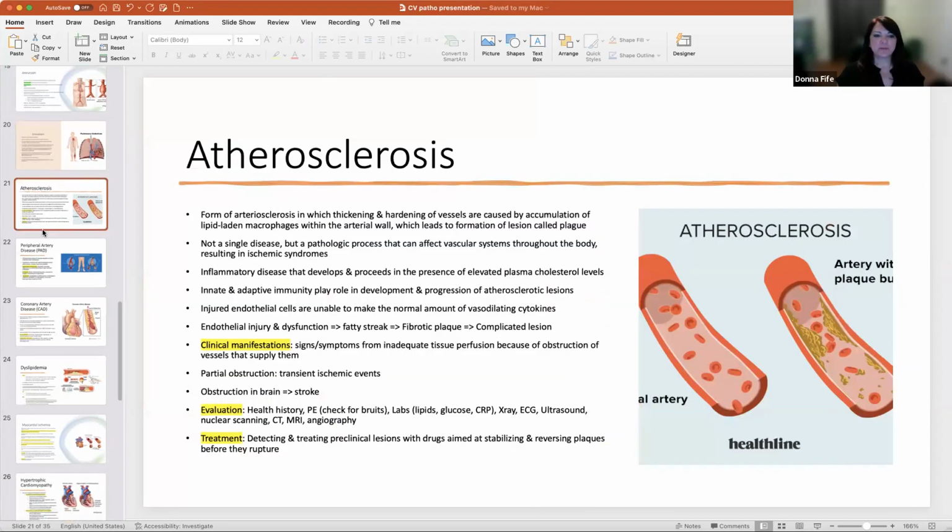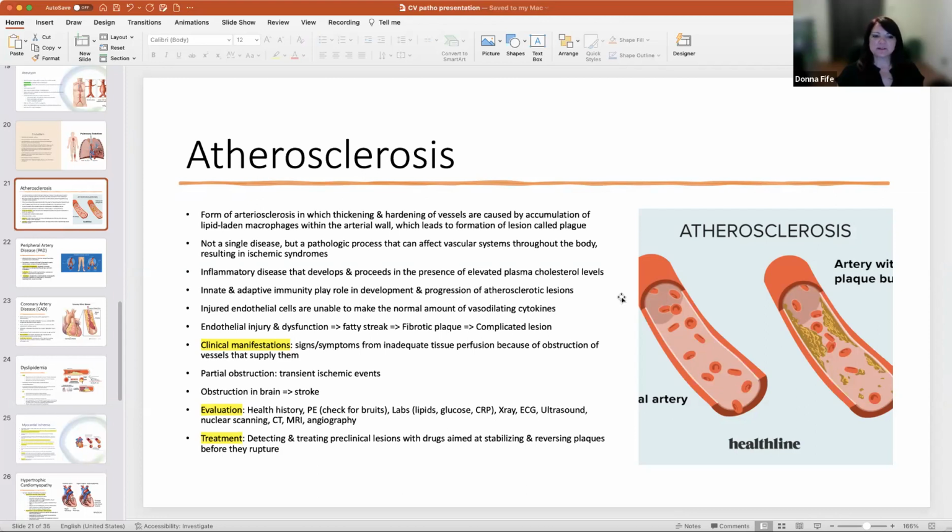Atherosclerosis, a form of arteriosclerosis in which thickening and hardening of vessels are caused by accumulation of lipid-laden macrophages within the arterial wall, which leads to the formation of a lesion called a plaque. And here you can see the plaque buildup starting there.